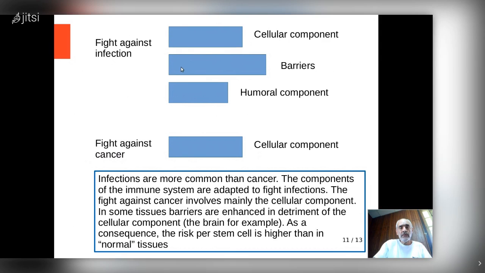There are many ways in which immunity acts. For example, there is a cellular component, that is immune cells. There are physical barriers, and there is a humoral component. This humoral component, for example, is very important in bones, and in many other situations. In a particular tissue, the relative weight of each of these components varies from tissue to tissue.